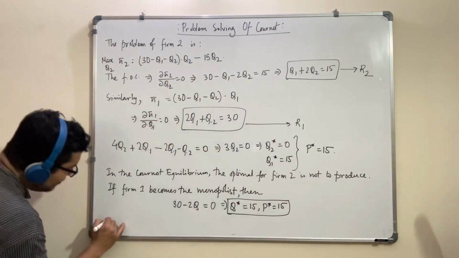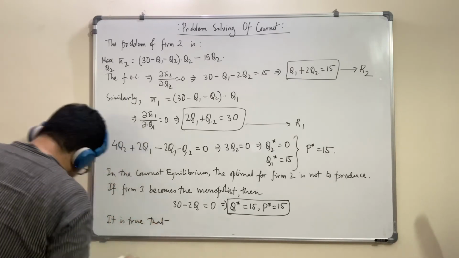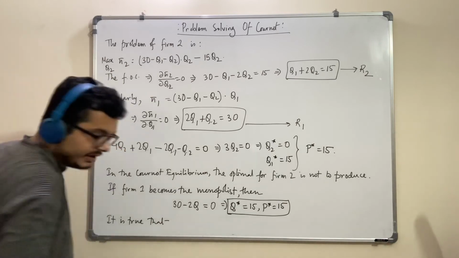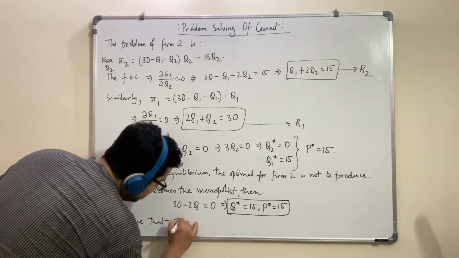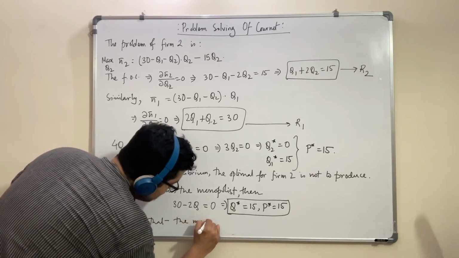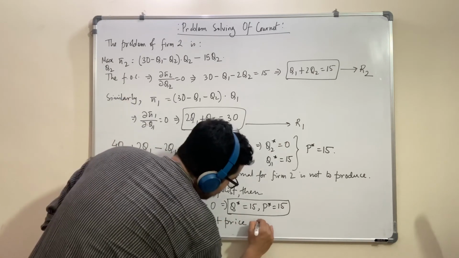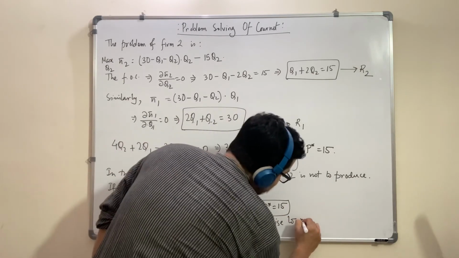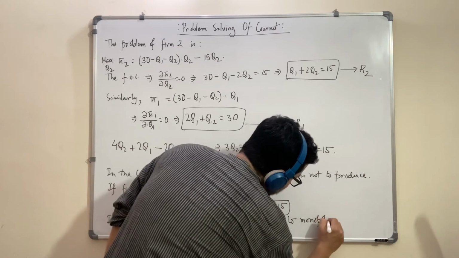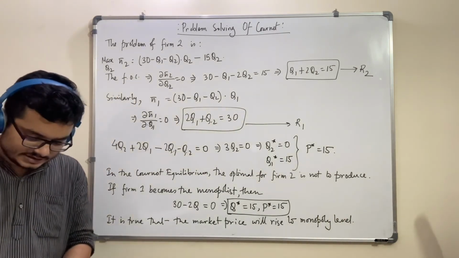So now we can write the final statement: it is true that the market price will rise to the monopoly level.